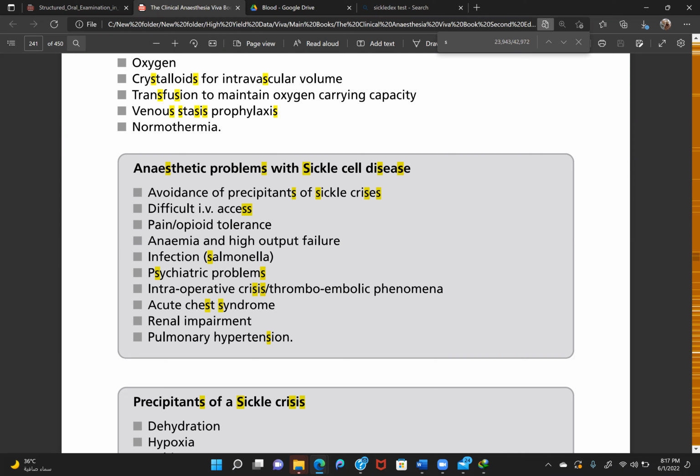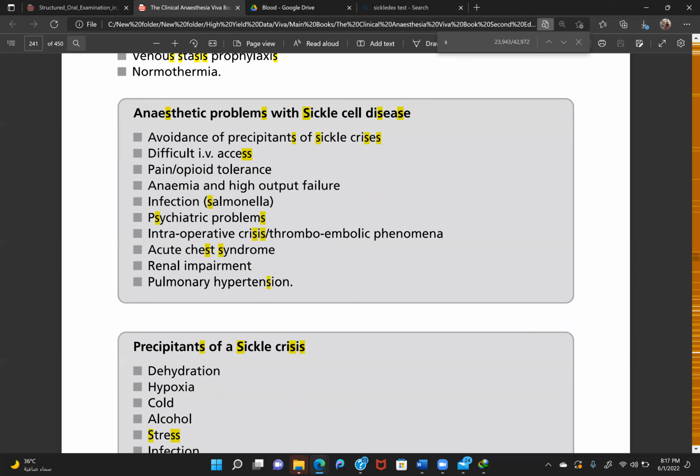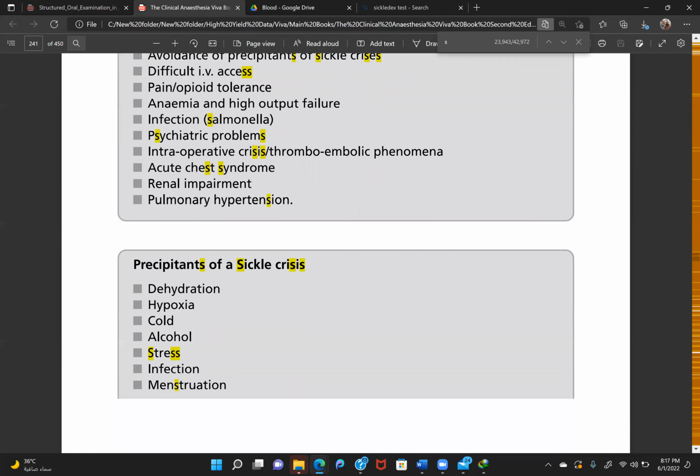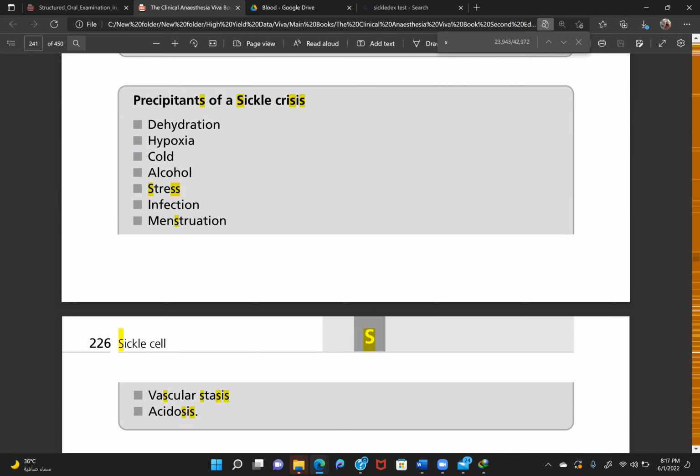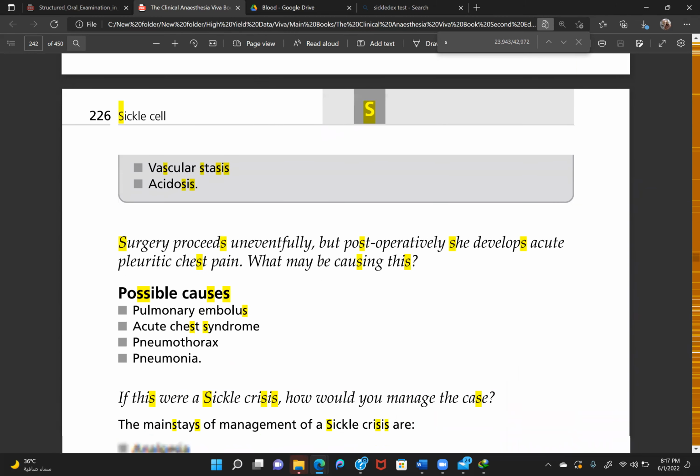Then intraoperative, thromboembolic phenomena, and acute chest syndrome, which is because of pulmonary infarcts, and it results in failure of the respiratory system with low PO2, hypoxia, cough, and there may be hemoptysis. Renal impairment because of renal infarcts, pulmonary hypertension because of pulmonary infarcts. And you have to avoid dehydration, hypoxia, cold, alcohol, stress. These are the vascular stresses.